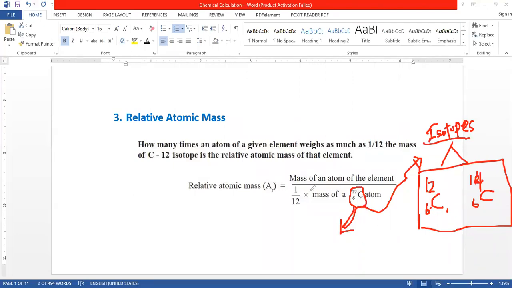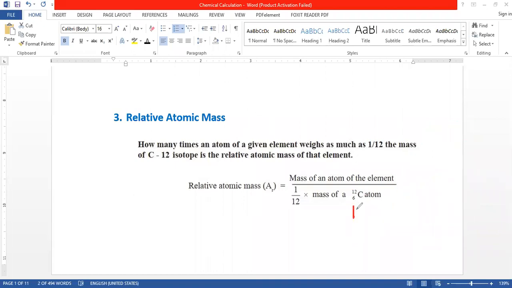If they ask, for example, what is the correct formula of relative atomic mass, and they give something with 14C6, that is wrong. You should see this carbon-12 atom. That is very important.